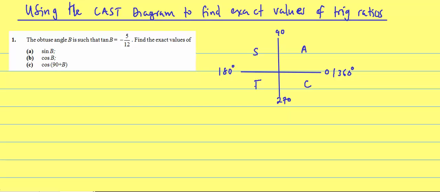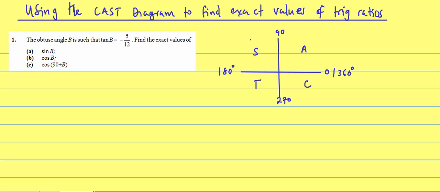Now in our current question, we know that the angle B is obtuse. So if I rotate the angle B starting in an anti-clockwise sense, it is going to lie in the second quadrant, because an obtuse angle lies between 90 degrees and 180 degrees.